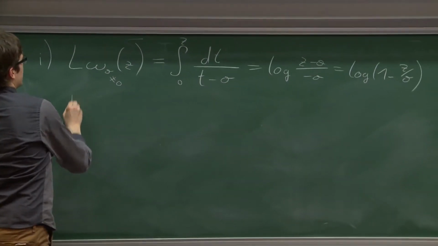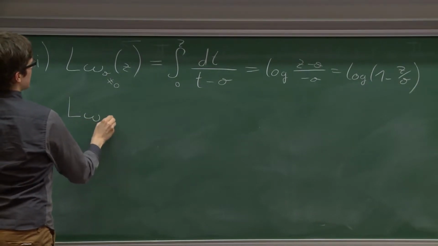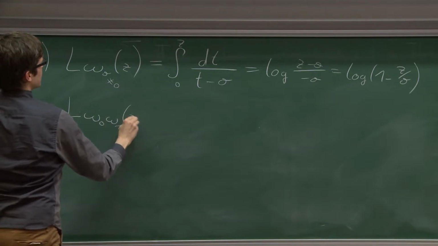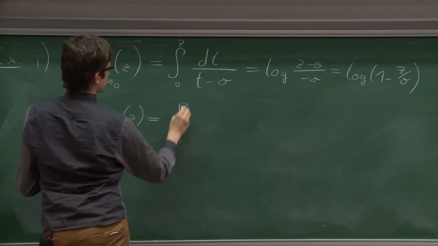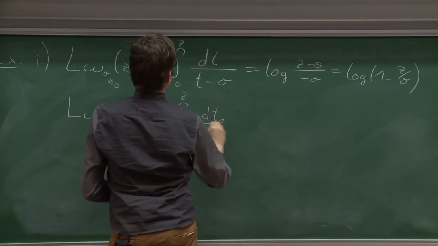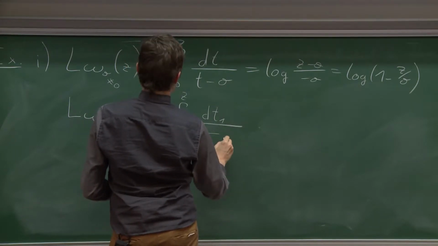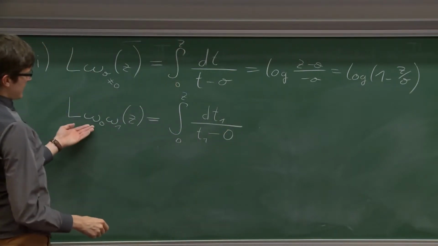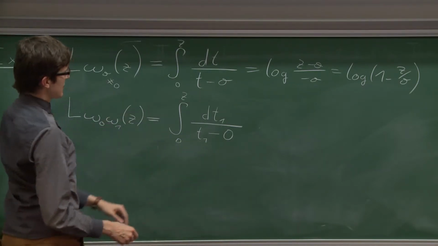Then there is L of omega 0 omega 1 of Z. What does this look like? Well, we have to integrate from 0 to Z dt1 over t1 minus 0. Yeah, this is the last integration. When we differentiate with respect to Z, we have to get down this.